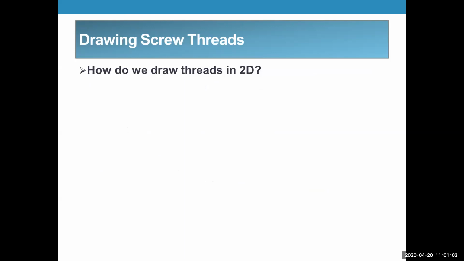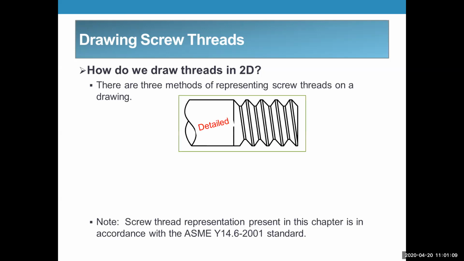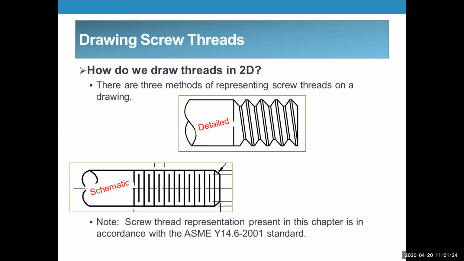Okay, so how do we draw threads in 2D? There are 3 basic ways that we can draw those threads: either a detailed view, which is a full visual description of what the thread looks like, or you can use a schematic, which is basically a simplified version of this to some degree.